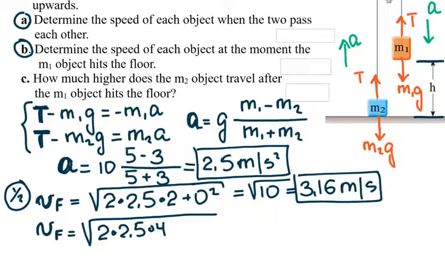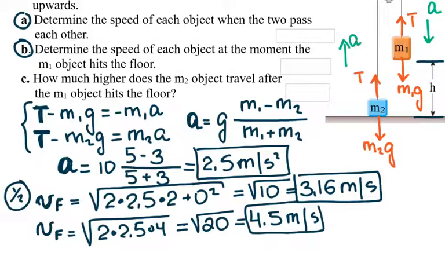So I will have the square root of 20, which is 4.5 meters per second. So when M1 reaches the ground, M2 still has a velocity of 4.5 meters per second. So they both have 4.5 meters per second when M1 reaches the ground.